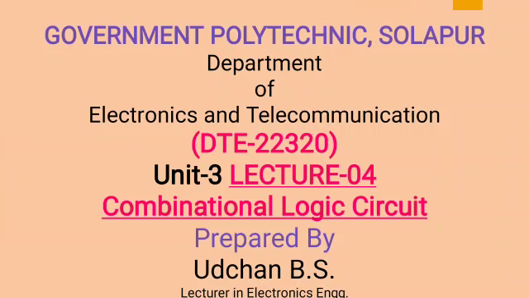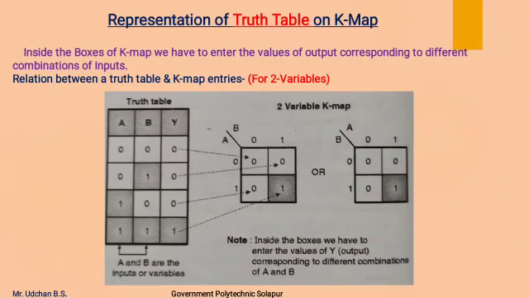Today we will see the next part, that is representation of truth table on the Kmap. Inside the boxes of Kmap we have to enter the values of outputs corresponding to different combinations of inputs.